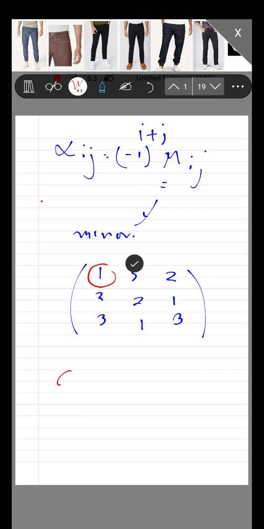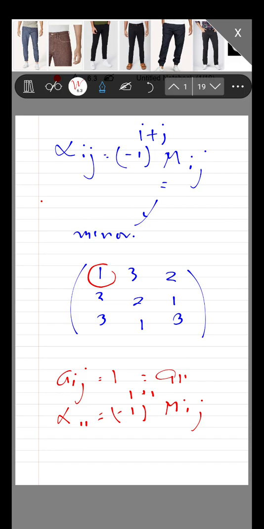So this is Aij, that is A11, equal to 1. So the cofactor alpha 11 is equal to minus 1 to the power 1 plus 1, that is 2, so that makes it 1. The interesting question is, what is Mij?